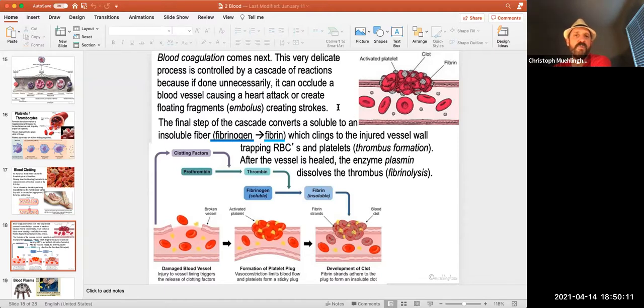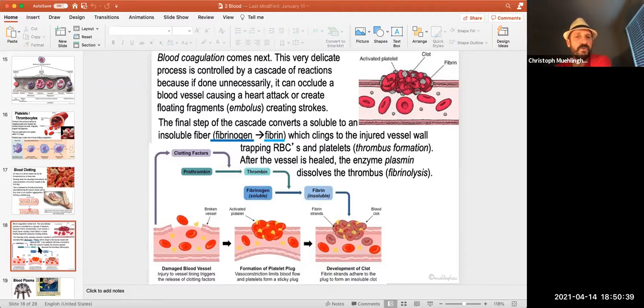We need to be very careful how we do that process so that we don't create a floating fragment, which would be an embolus, which could give us a stroke. That's the fourth step. So we have those four steps that we can differentiate from one another, and that's one of the points I want you to understand.